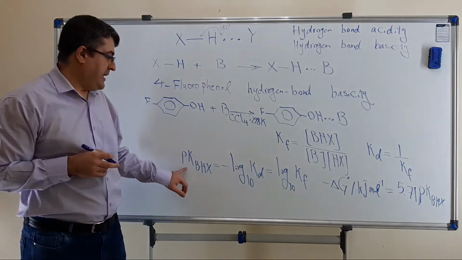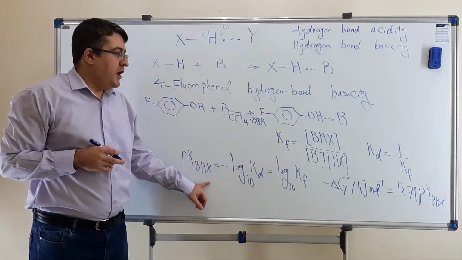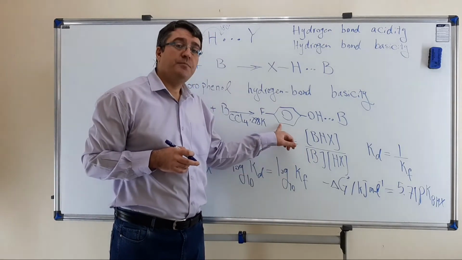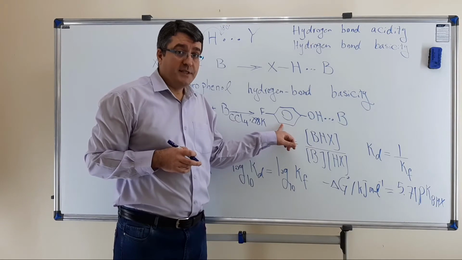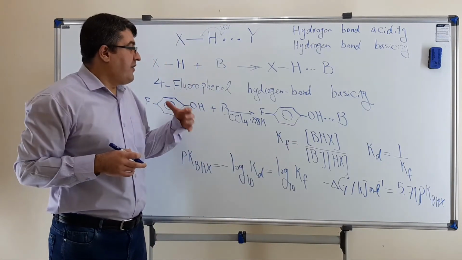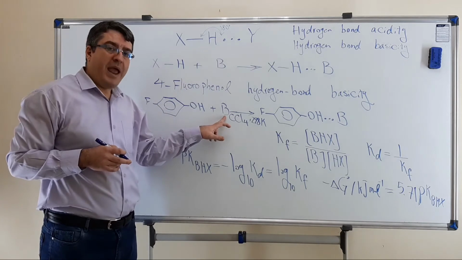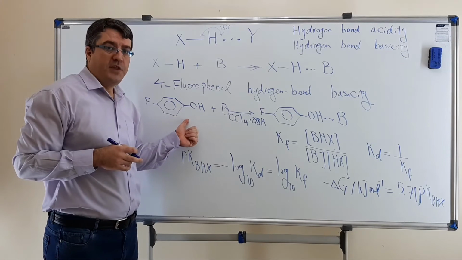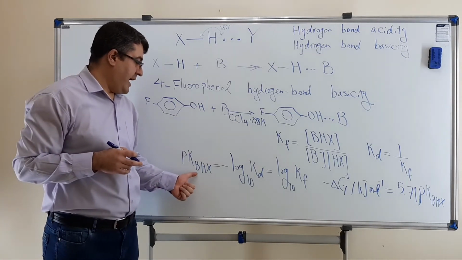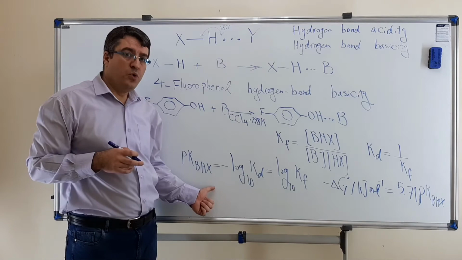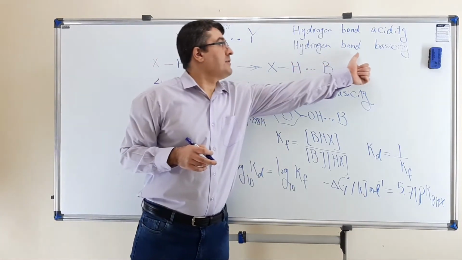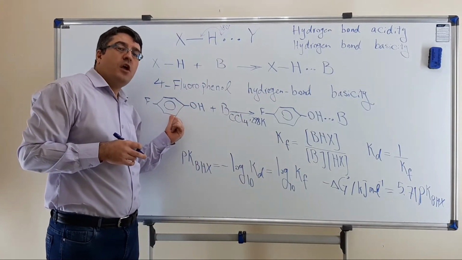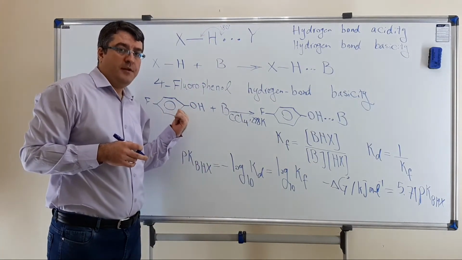Higher values of pKBHX, equivalent to higher values of formation constants for hydrogen bond complexes, show greater tendencies of Lewis bases toward 4-fluorophenol. Therefore, higher values of pKBHX correspond to higher hydrogen bond basicities of Lewis bases toward the reference hydrogen bond donor 4-fluorophenol.